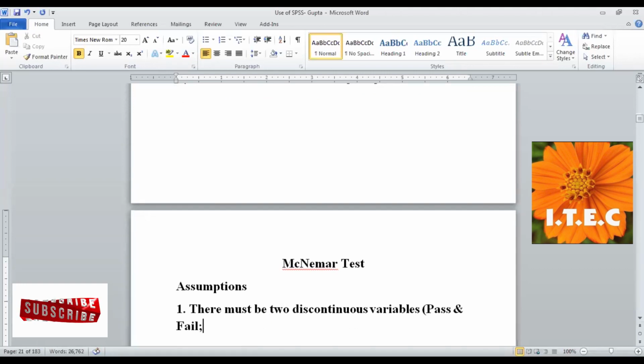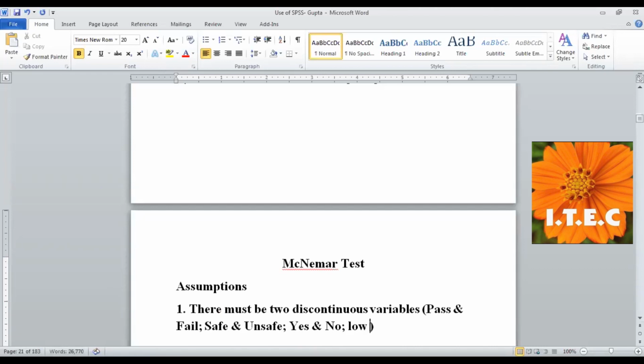This is one. Another can be safe and unsafe. Another can be yes and no. Another can be low and high. Like this, you can have the two dichotomous.